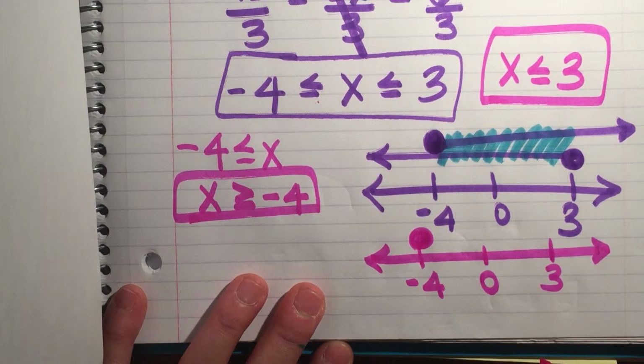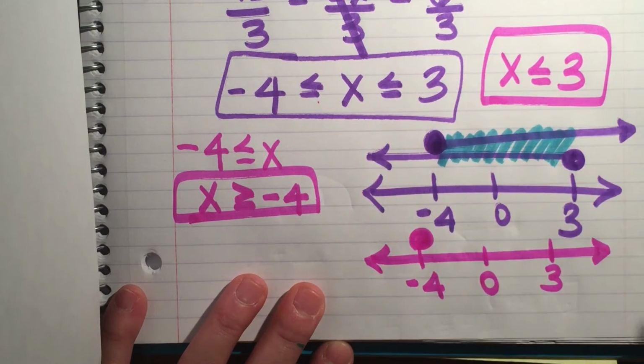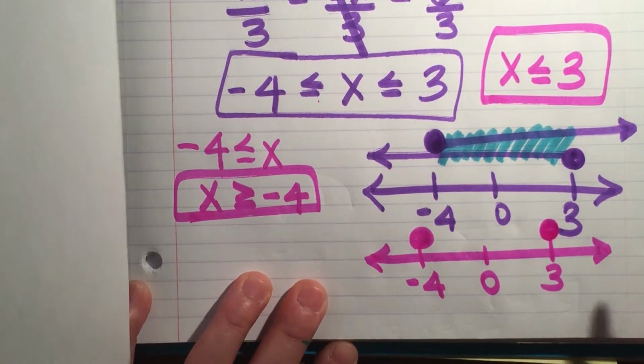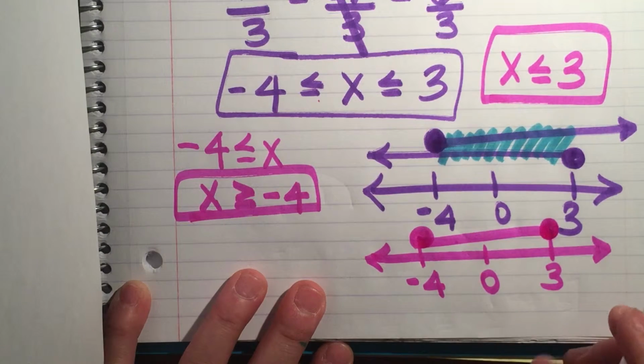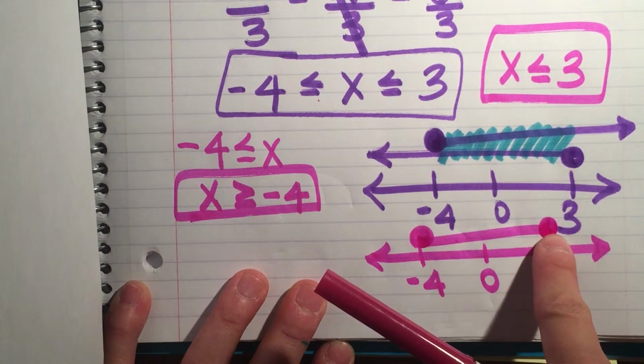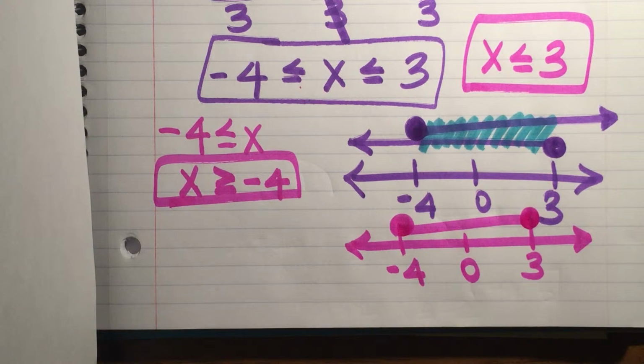You color it in. Then you look at the other number. You look at what's right next to it. Because it's less than or equal to, you color it in again. And you just connect your line. Because you know that x is somewhere in between those two values. And you know that this is an and graph, which means that there's going to be some overlap.